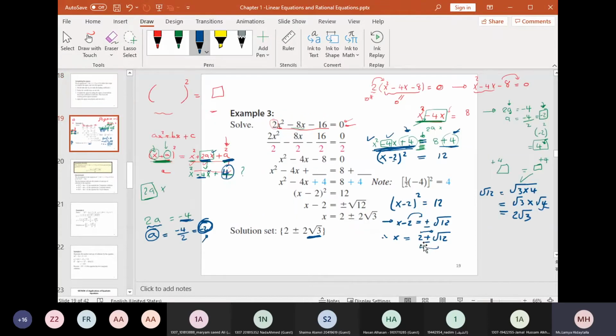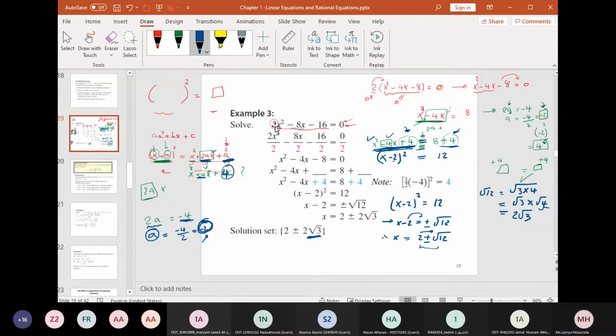This is what we had in our previous class, and just to remind you, take an equation like this. If we want to solve it by completing the bracket, first look at the coefficient of x square.